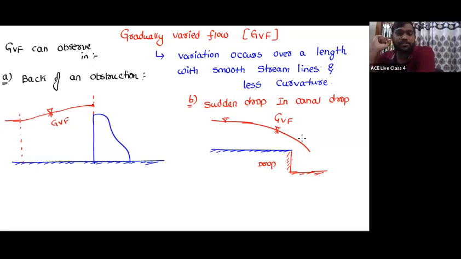Now the biggest question is, sir, you are saying drop, I can say the water level is going to fall, and this is the obstruction, I can say this water level is going to rise. But how do I predict whether the water level is going to rise or fall? Question number one: the gradually varied flow may be rising or may be falling. And how do you say something is going to be rising or falling?